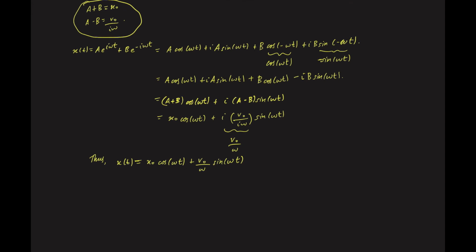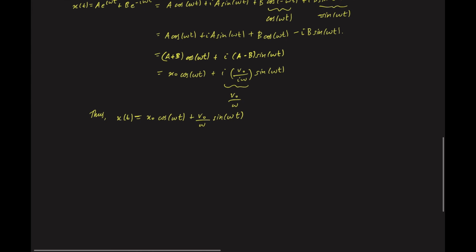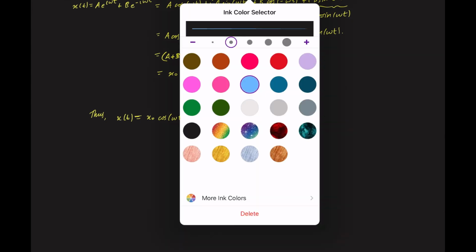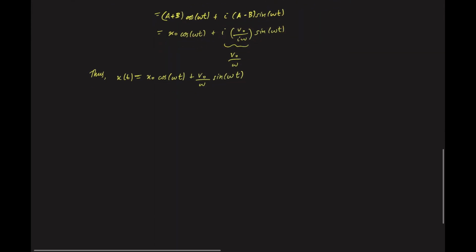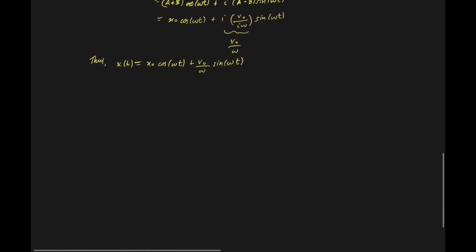Great. So let's apply this to a particular problem. Now that we know how it works in terms of complex exponentials and in terms of cosines and sines, we can apply this to a problem. Let's apply this to a mass and spring system.